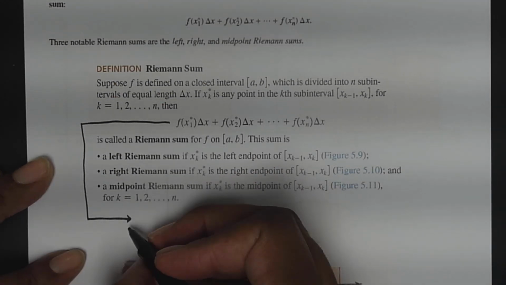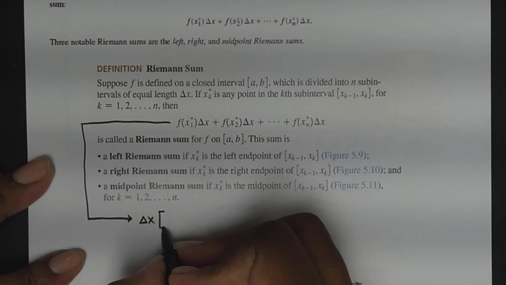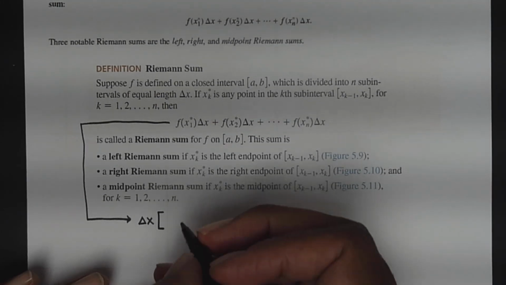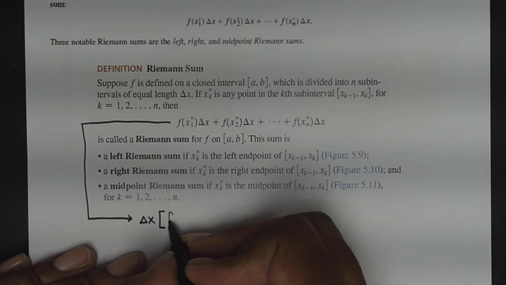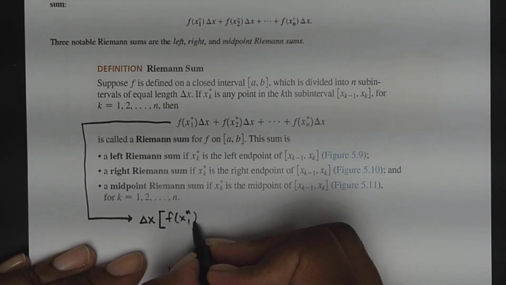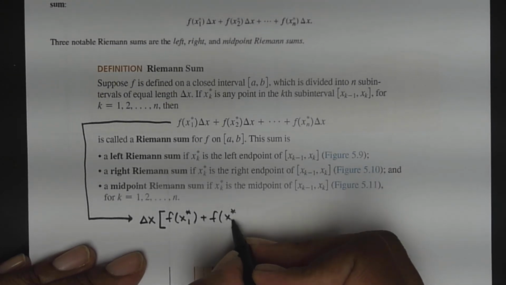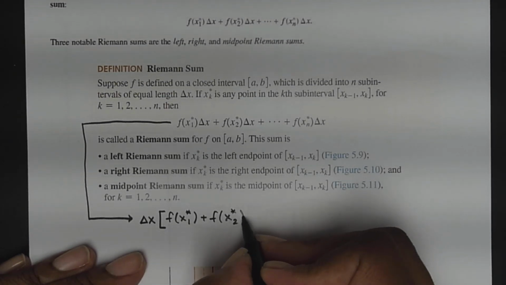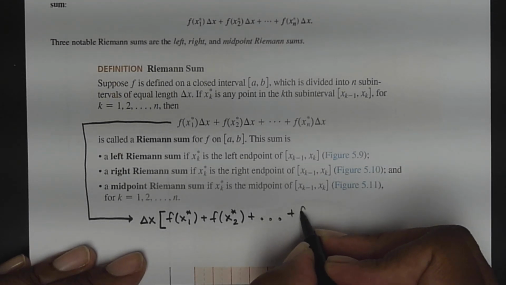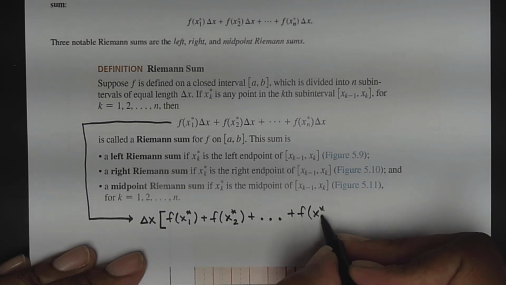So if I factor out delta x, put the delta x on the outside, what would be left inside is this: f of x star sub 1 plus f of x star sub 2 plus, and it goes on and on all the way up to f of x star sub n.